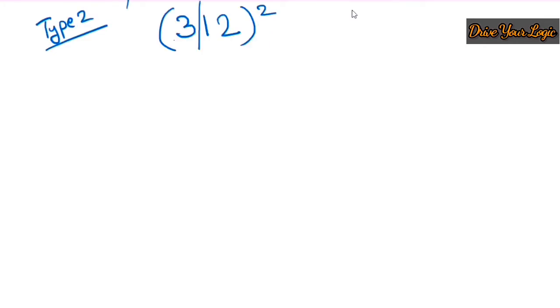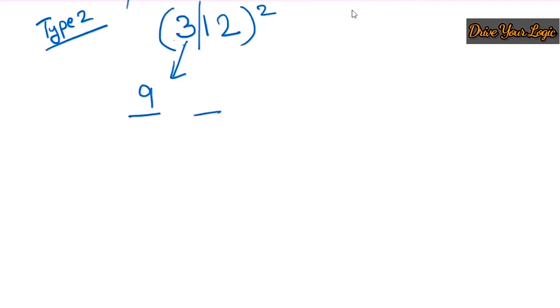Now we will do type 2. In type 2 what are we going to do? 3, 1, 2 we will write in this way. 3 we will take as one number and 12 as another number. So what is 3 square? 3 square is 9.